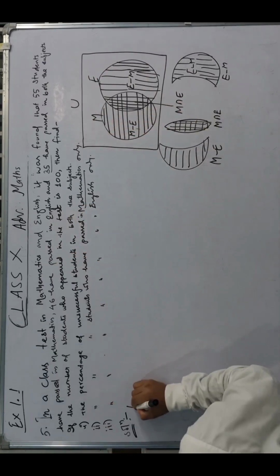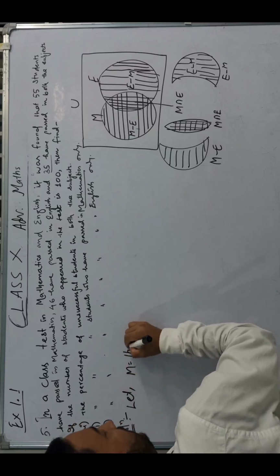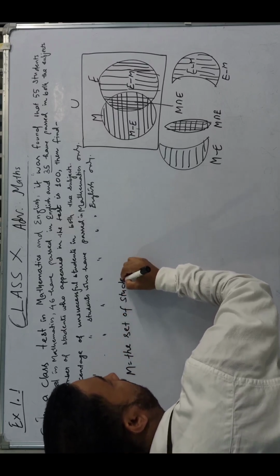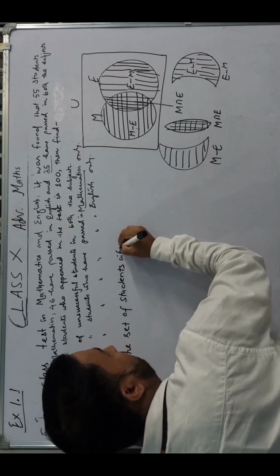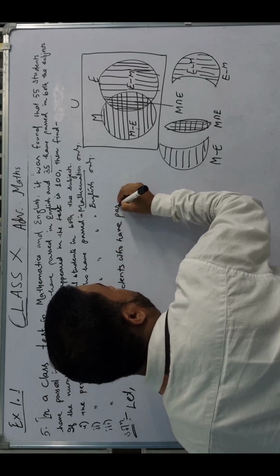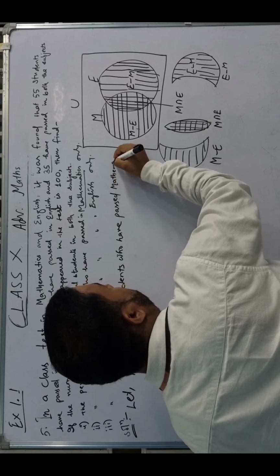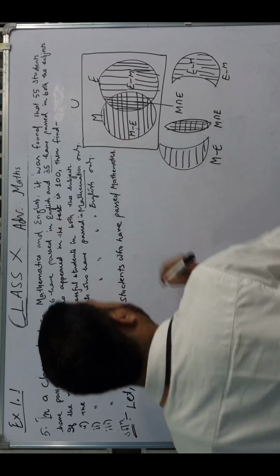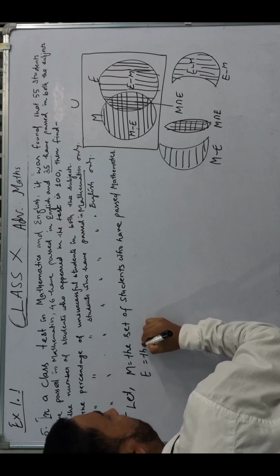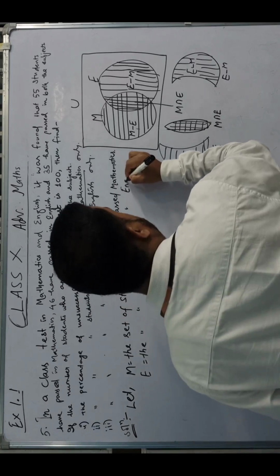Okay, so here let M be the set of students who have passed mathematics, and E be the set of students who have passed English.